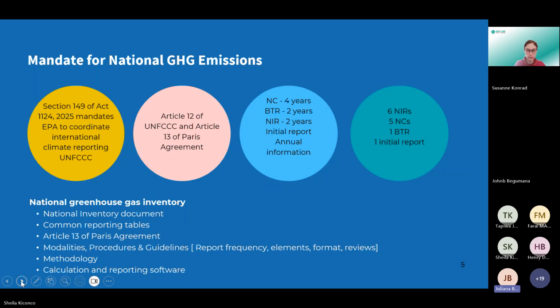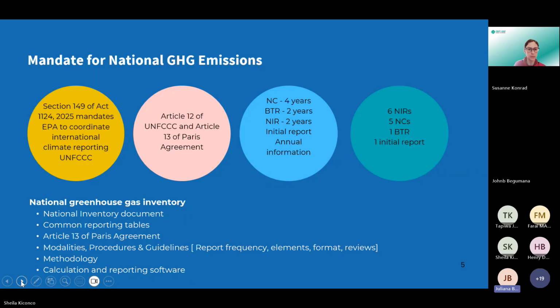At the time of submission of the BTR, we submitted the 6th National Inventory Report. Since Ghana is also engaged in Article 6, we have gone through our first initial report review, and we have also submitted quite a number of reports.